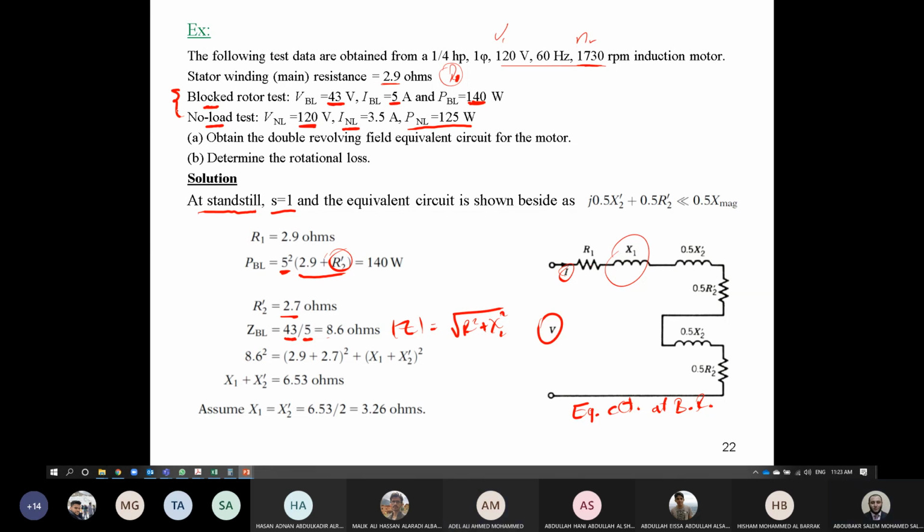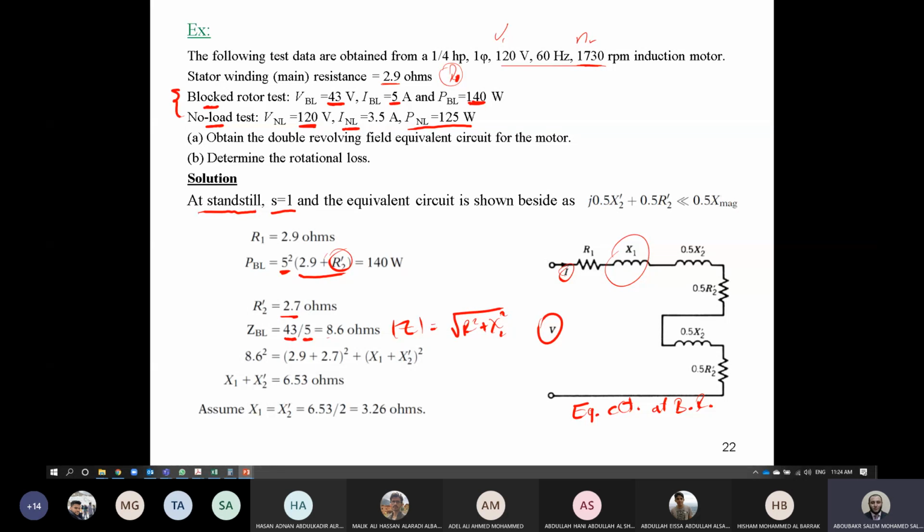Okay, multiply 43 by 5. What will be the value? It is around 215. 40 by 5 equals 200, and 3 by 5 equals 15, so 215.